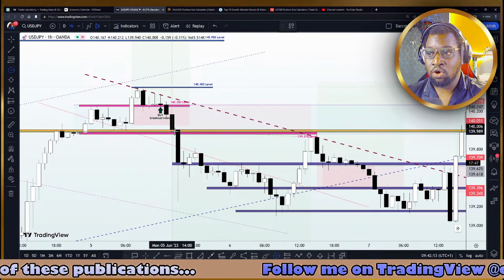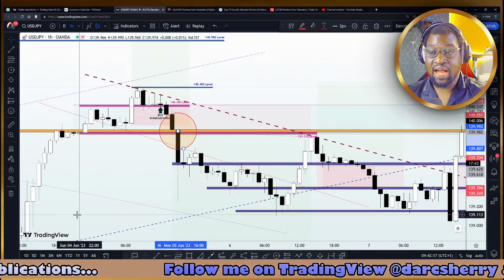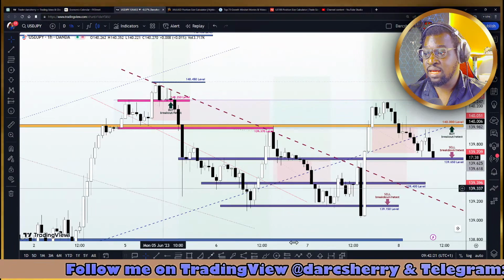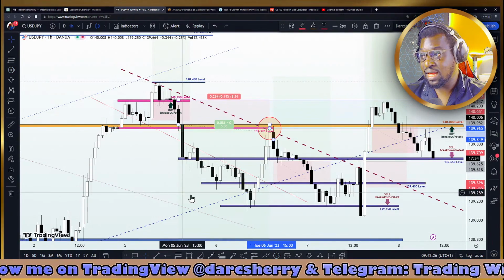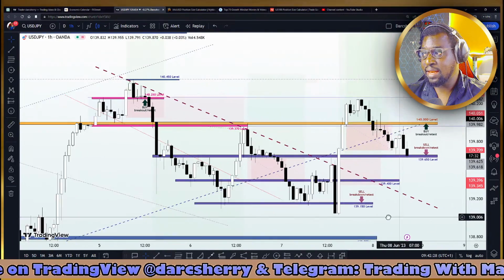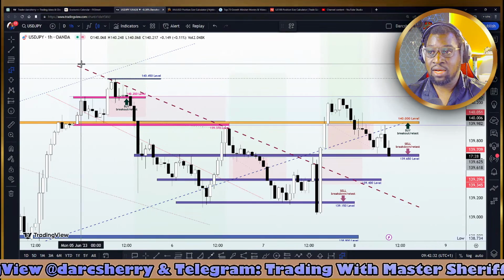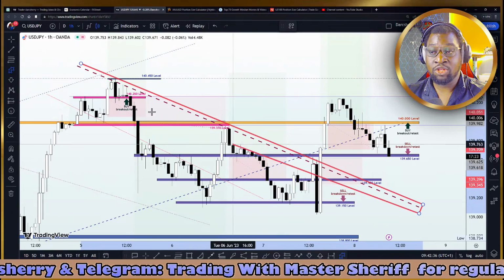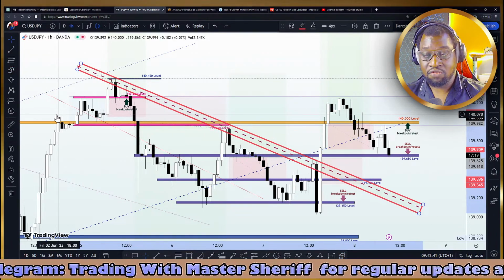And with a sell stop order below the key level here at the 140.00 level, we had our first sell position triggered. We rode the move all the way to the downside. Price action came back to retest again, another opportunity to sell. We rode it all the way. And as a result of this whole situation, we had a bearish trend line after connecting the series of lower highs, which we said we were going to use to guide our trading activity for the later part of the week.